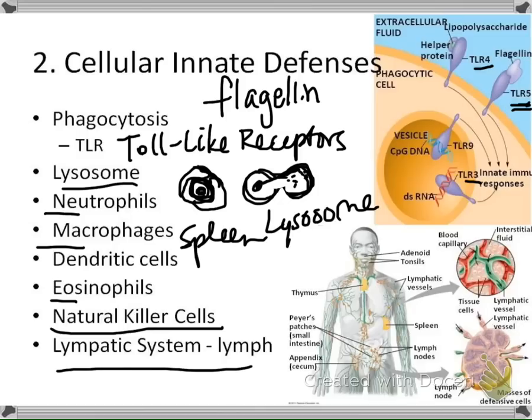And then sometimes all of this is helped out by your lymphatic system. You have lymph going through your body. Some macrophages reside in your lymph nodes. You can see the lymph nodes here in yellow.